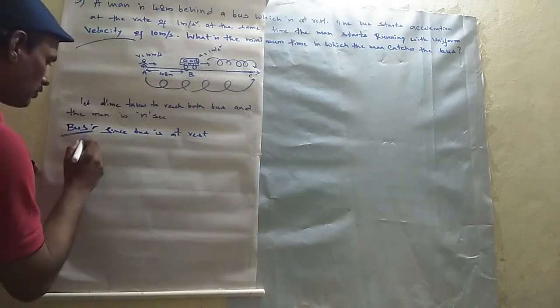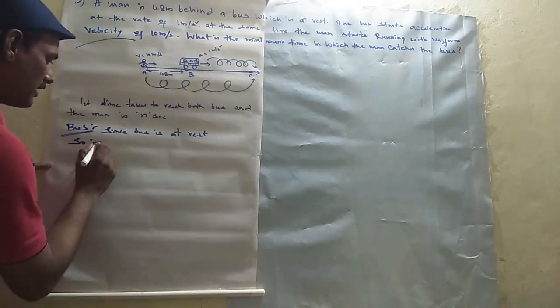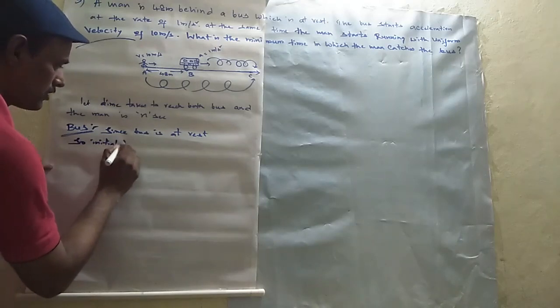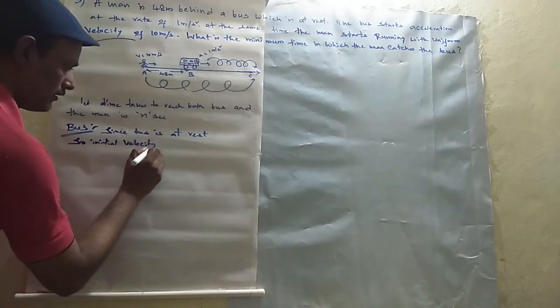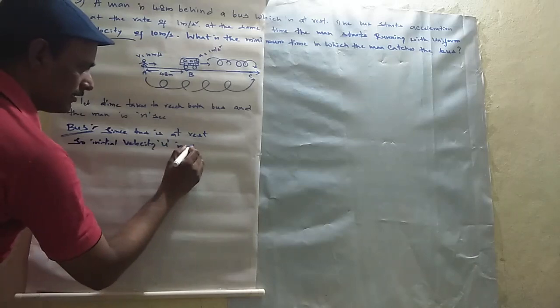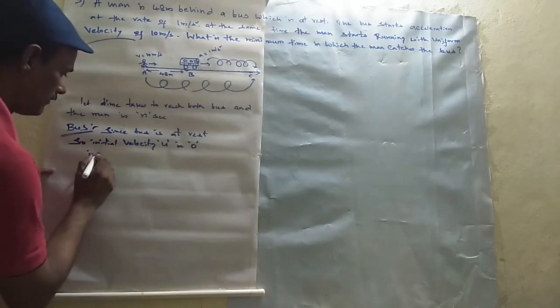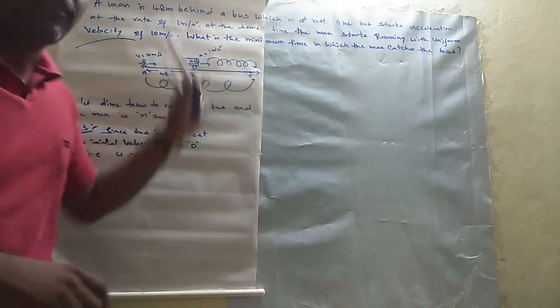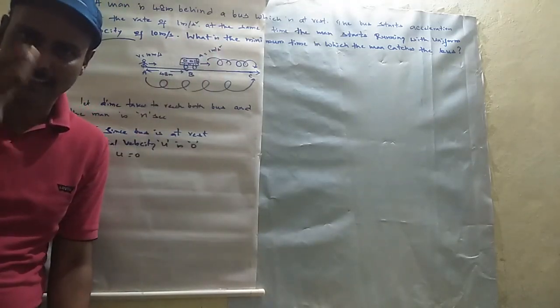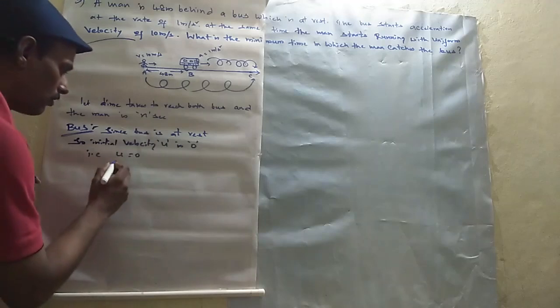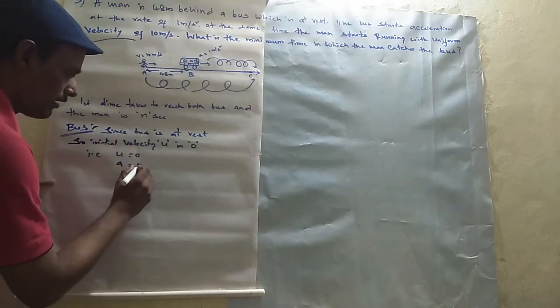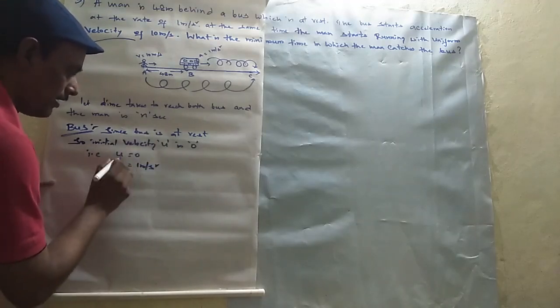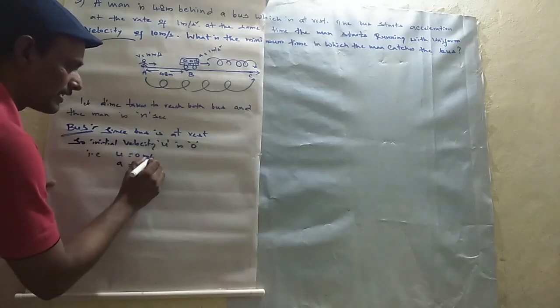So initial velocity u equal to 0. Acceleration is already given, so a equal to 1 meter per second square. Initial velocity means 0 meters per second.